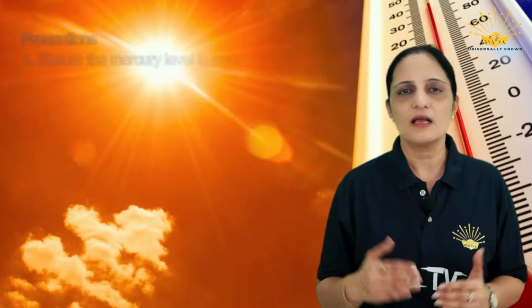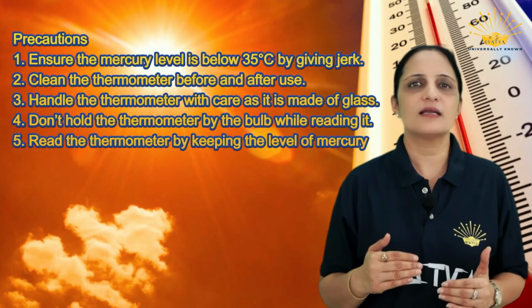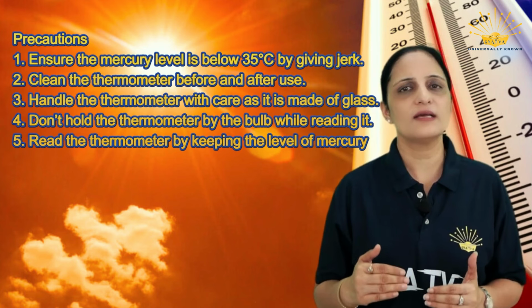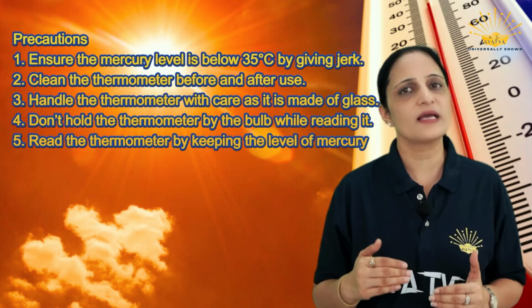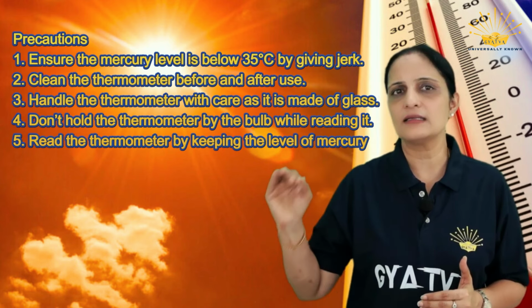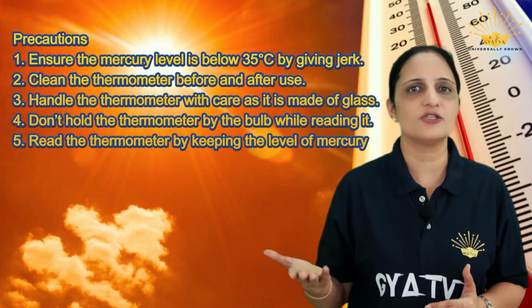Now, while measuring the temperature with the help of a clinical thermometer, there are certain precautions that you should take. First, ensure the mercury level is below 35 degrees Celsius by giving a jerk. That is why the kink is present in clinical thermometers, so that the mercury level does not rise initially.